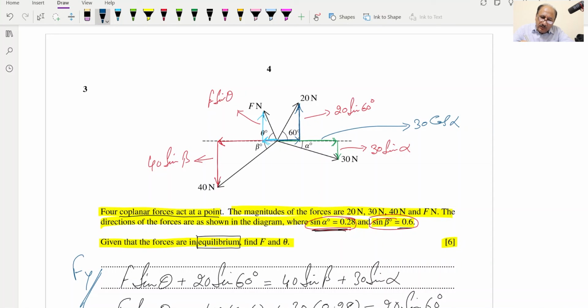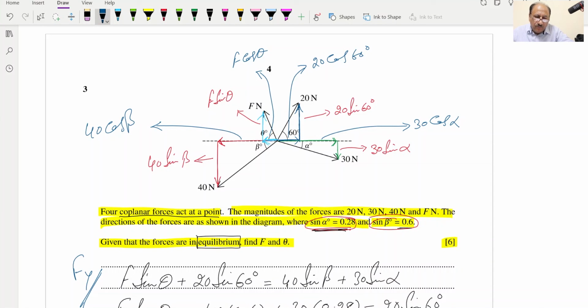Similarly, this force will be 20 cos of 60 degrees, in this case it will be F cos of theta, and this force will be 40 cos of beta. So we have written all four forces.